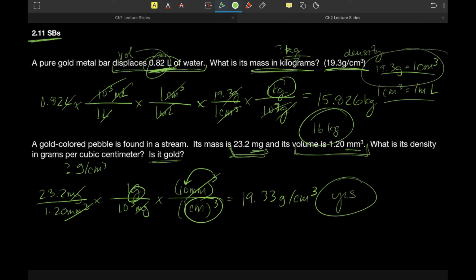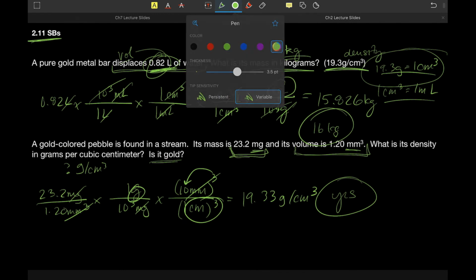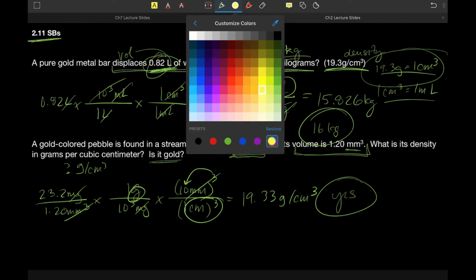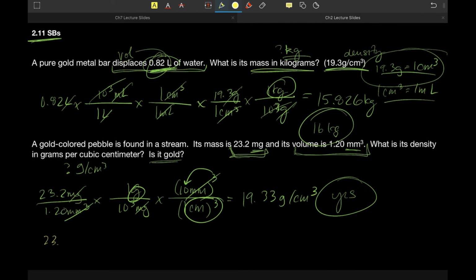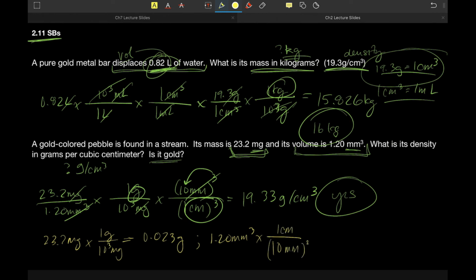Alternatively, we could have started with our 23.2 milligrams and converted that using 10 to the third milligrams to grams, and gotten our number of grams. And then we could take our volume, 1.20 millimeters cubed, and we have 10 millimeters for every 1 centimeter, and cube that.